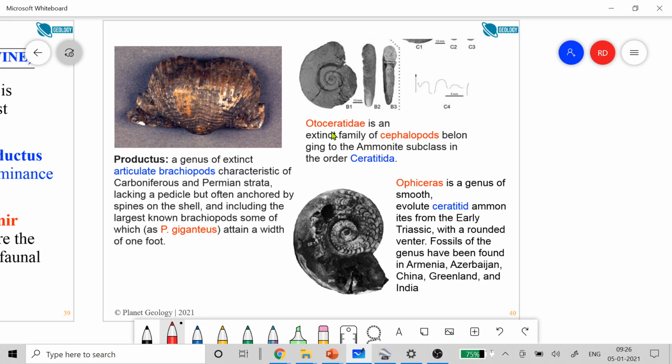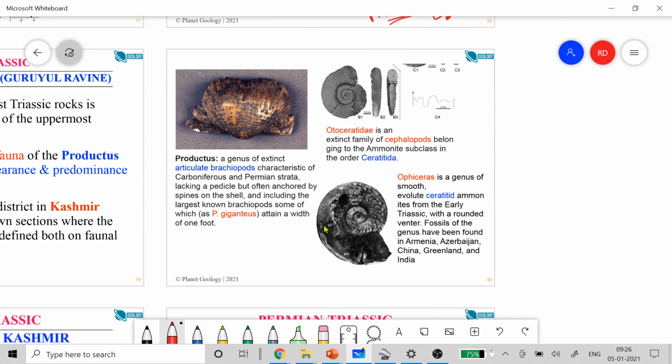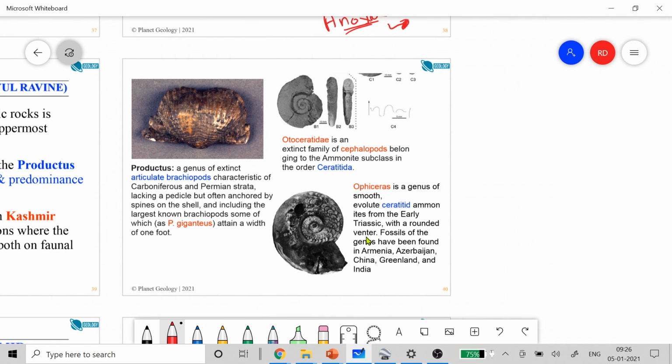Then there are Otoceras and Ophiceras beds also, and these are not brachiopods, but they are ammonoids, cephalopods actually. I shouldn't even say ammonites, because ammonites have a specific type of suture.